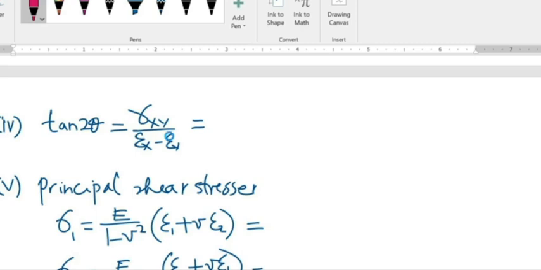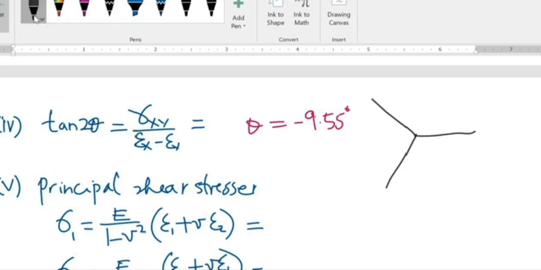And this particular angle is given as theta is equal to minus 9.55 degrees. So this is what it means. Here, this is our delta strain gauge rosette, but the actual orientation is at what?